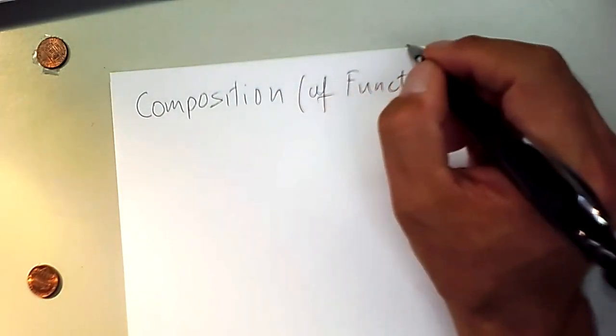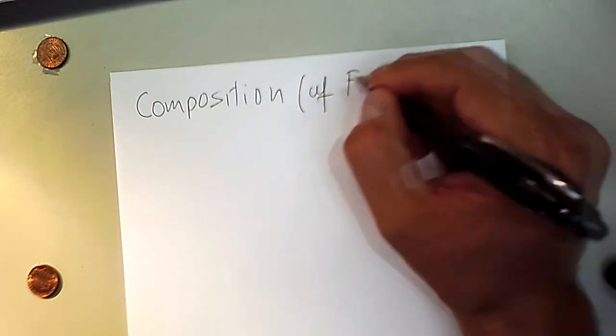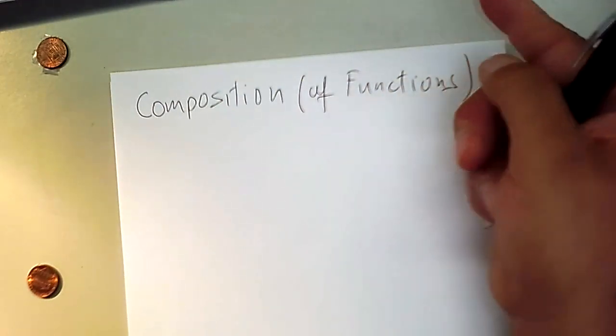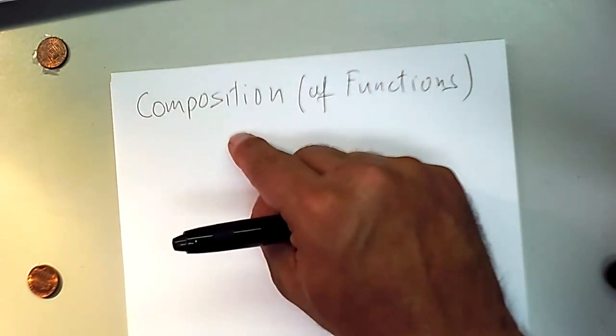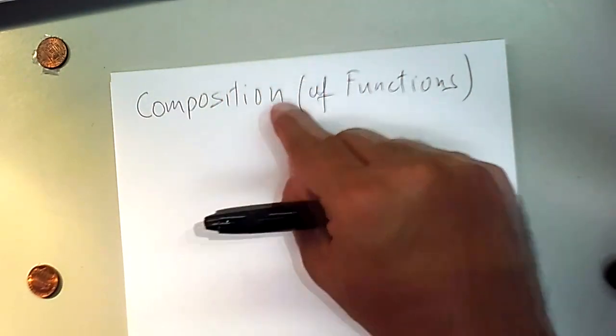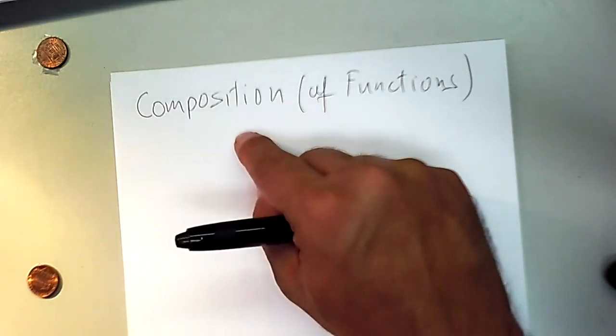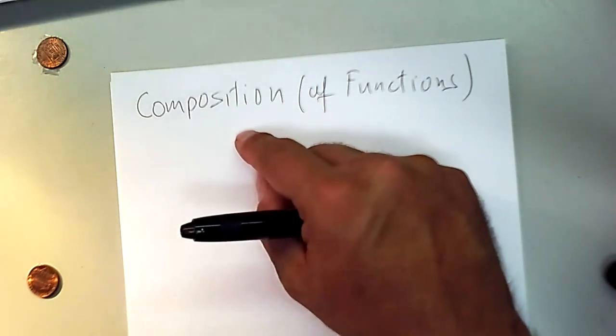What composition of functions does is that it takes the output of one function and puts it as the input of the other function. Very, very interesting. It takes the output of one function and puts it into the input of another function.